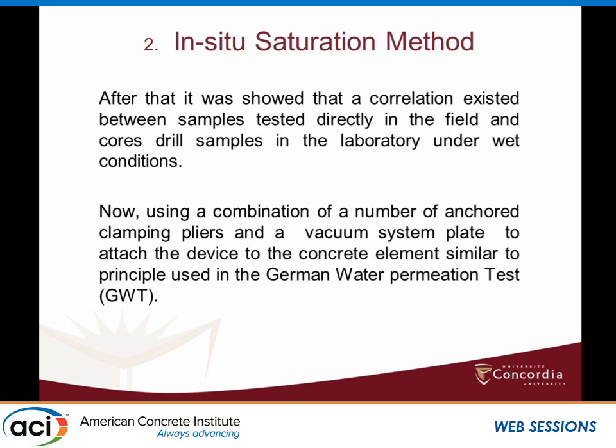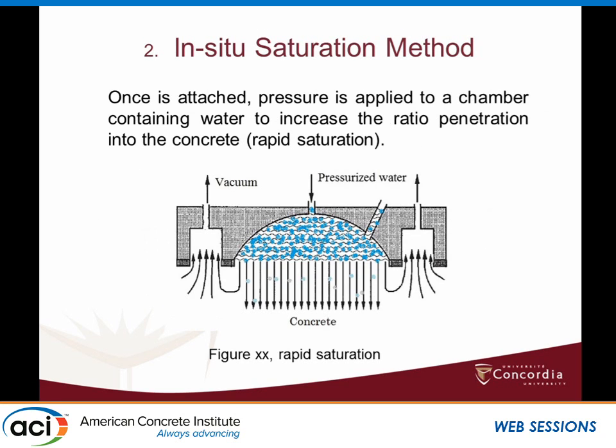But the thing that we want to improve is using the same principle as the German water permeation test, the GWT: we want to use a plate and make a vacuum to attach it to the element, and then pressurize the water in order to obtain a rapid saturation.